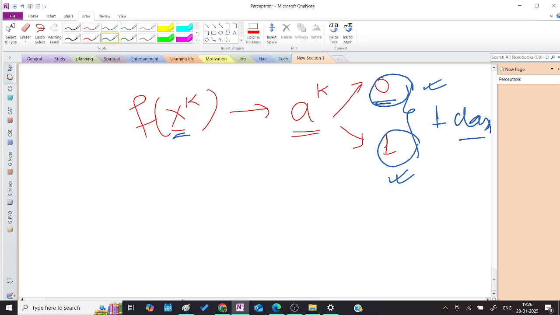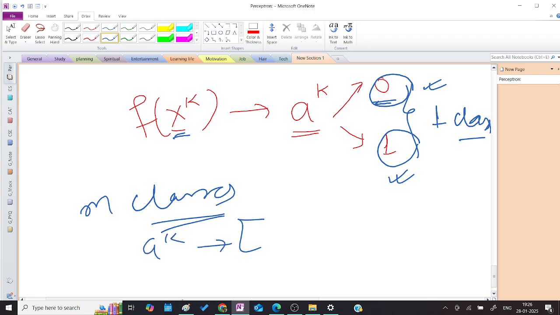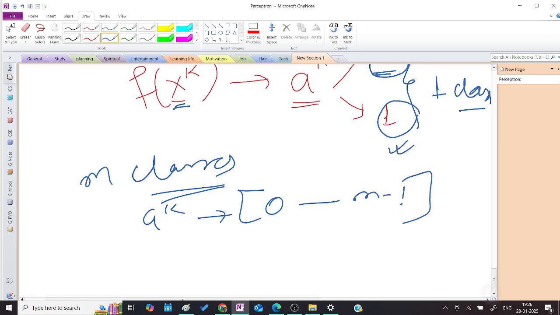But if there are m classes, then the output ak will be from 0 to m minus 1.